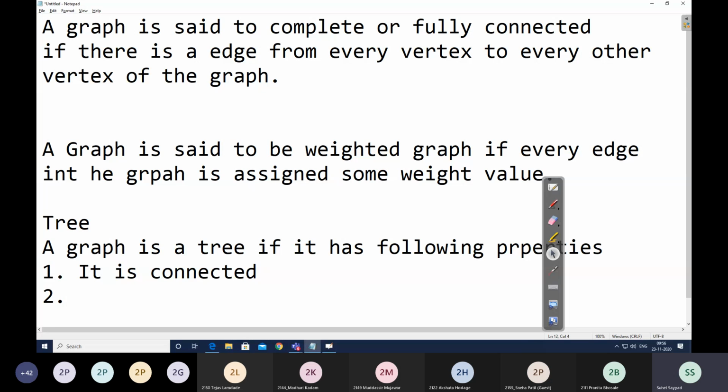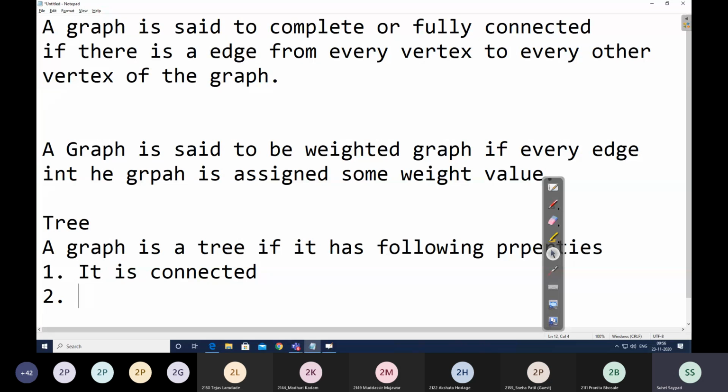We all know that graph can be connected and it can be unconnected also. Now when I have unconnected components, then I will not get a single tree. I will get forest in that case, right? So for getting a single tree, my basic requirement is that it should be a graph.